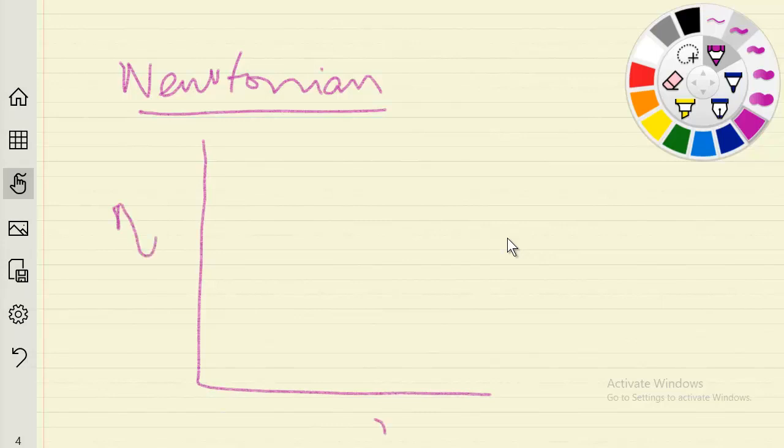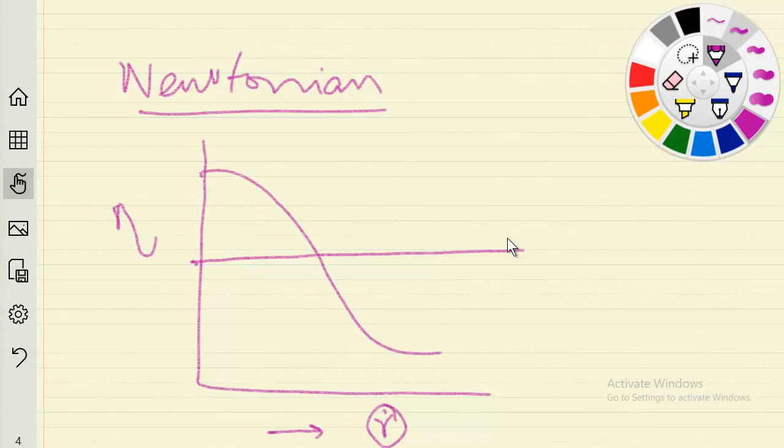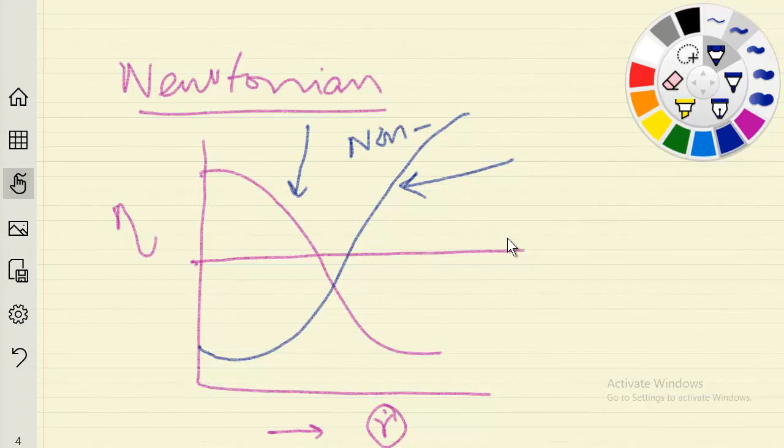If I draw a graph between viscosity and shear rate, the Newtonian fluid will be constant. It won't show any change with the increase in shear rate. But the substances which show a change in their viscosity with the change in shear rate will be called non-Newtonian fluids.